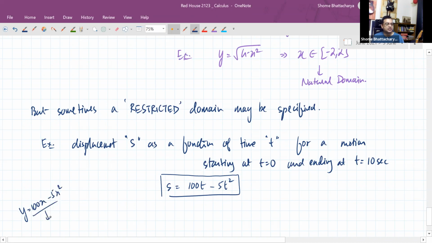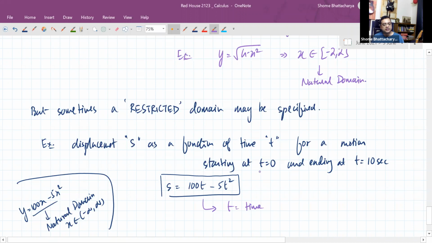Now here you will see that if we had a function y equal to 100x minus 5x square, the natural domain of this function would have been that x belongs to the set of all real numbers. But that is not what we are doing here. Here t is time, and the time has a specific, restricted domain.